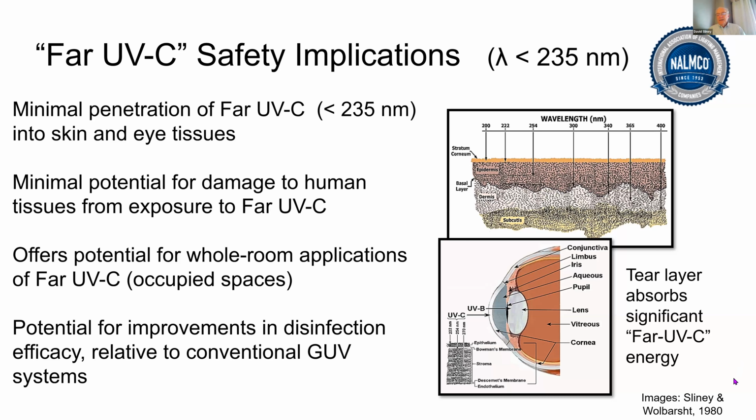The tear layer absorbs a substantial amount of the far UVC energy, but also the penetration depth is so shallow that the safety limits are quite a bit higher at those shorter wavelengths than at 254.